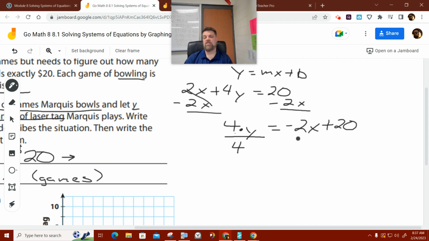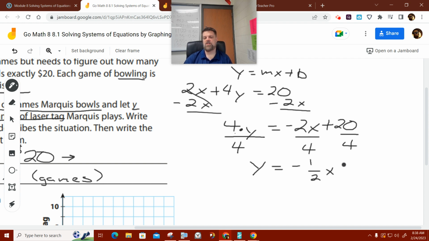Now here's a little trick. When you multiply or divide, you almost use like the distributive property. And so I have to divide everything by 4. This makes it a little easier if you just write it this way. 4 divided by 4 is 1, so I get y equals... what can 2 over 4 reduce down to? 1/2. 1/2 times x.